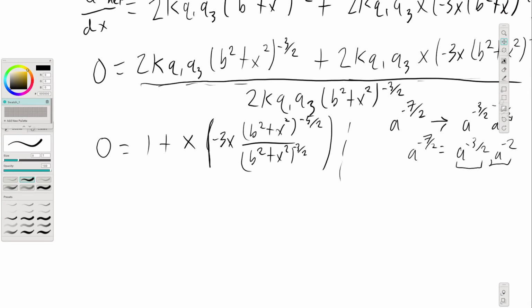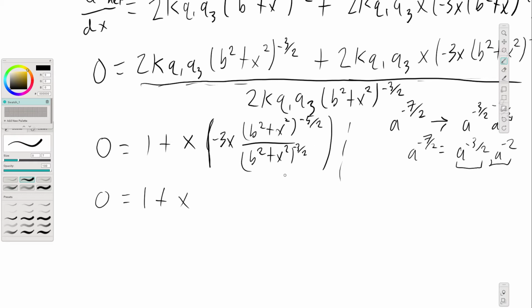So I do that, and I say, in this situation, I'm dividing by exponents with the same base, so I take their exponents and I subtract them.